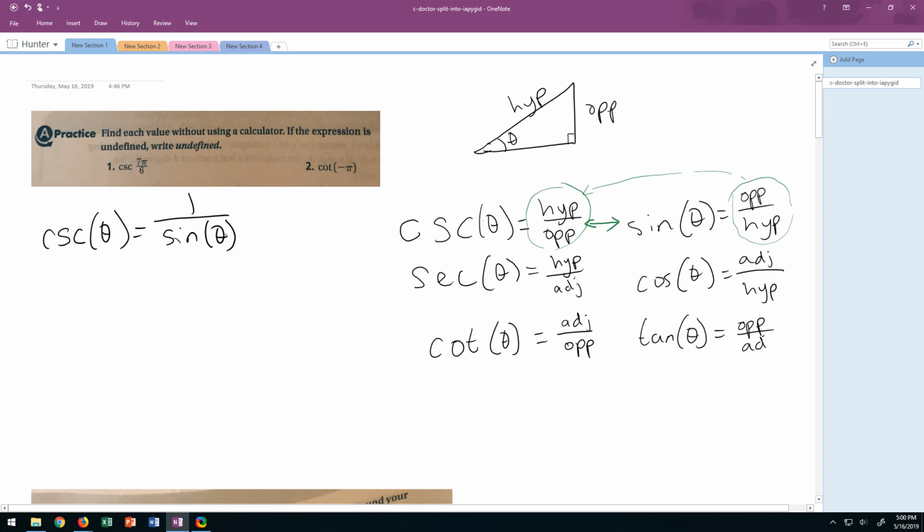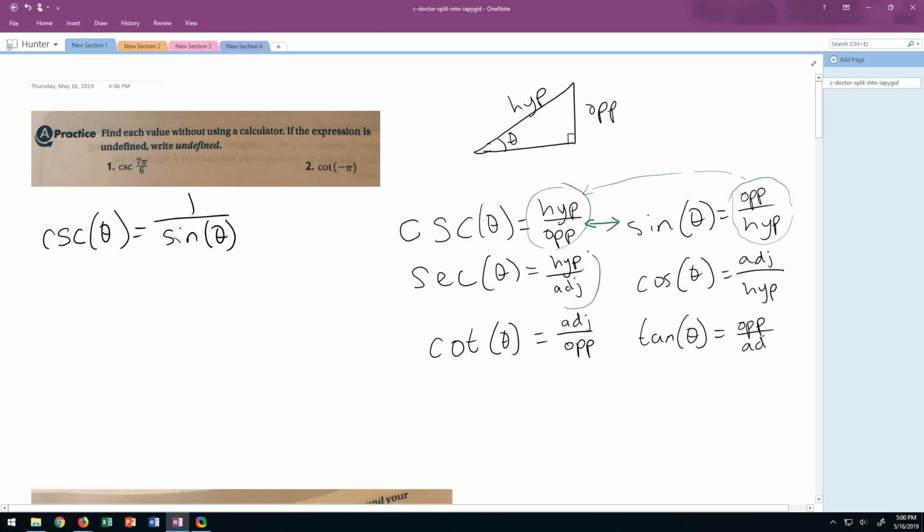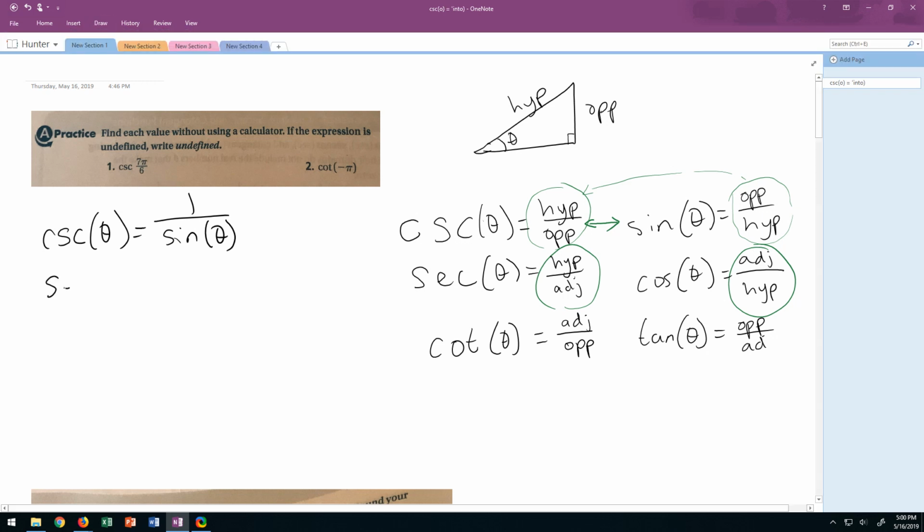Now take a look at secant and cosine. The secant and cosine also are reciprocal functions. Check that out. Pretty cool, huh? Pretty slick. So in this case, the secant and the cosine are reciprocal functions.